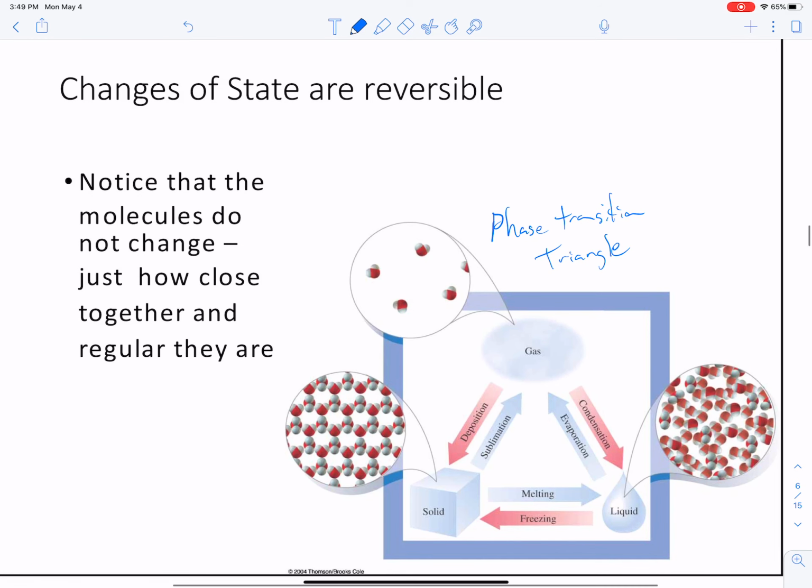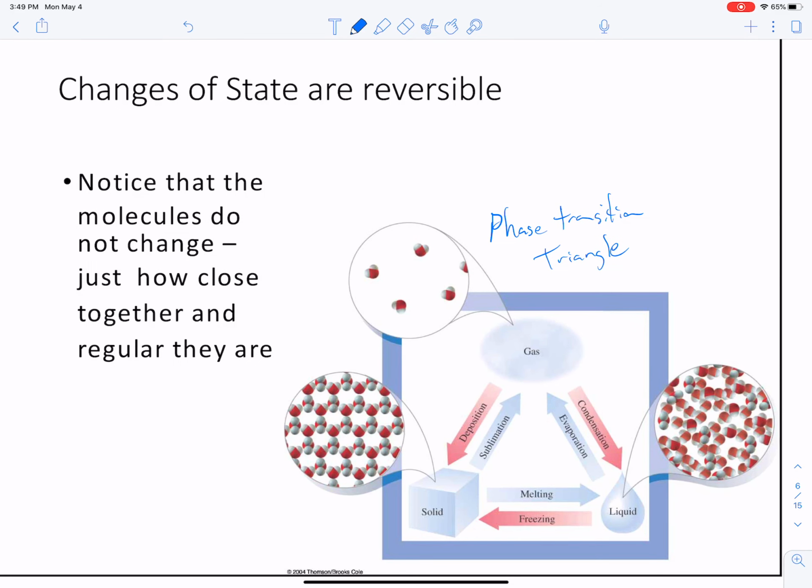So it all depends on how the molecules move, how much energy. So this depends on energy and those molecular forces.